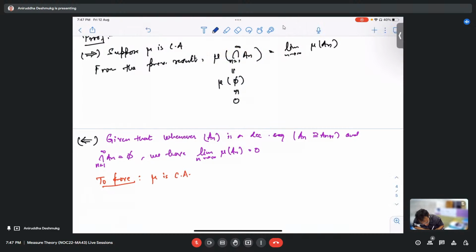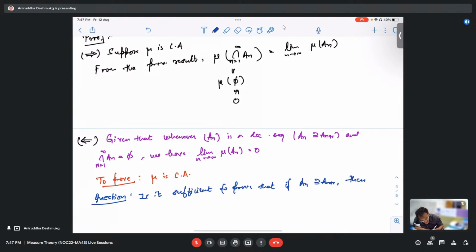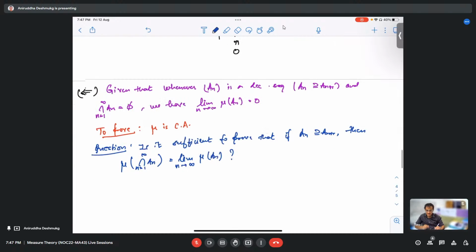So let me ask you, is it sufficient to prove that if An is a decreasing sequence and not necessarily the intersection is empty, then mu of this intersection is equal to the limit of mu of the ANs? So what do you think?